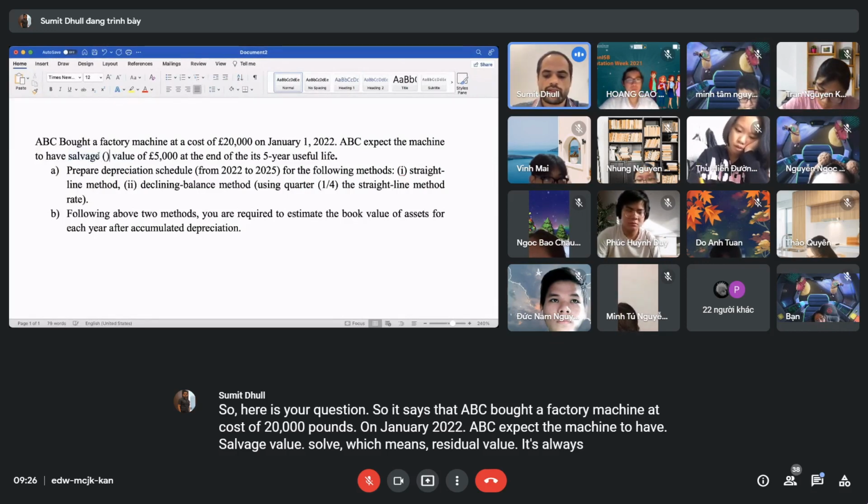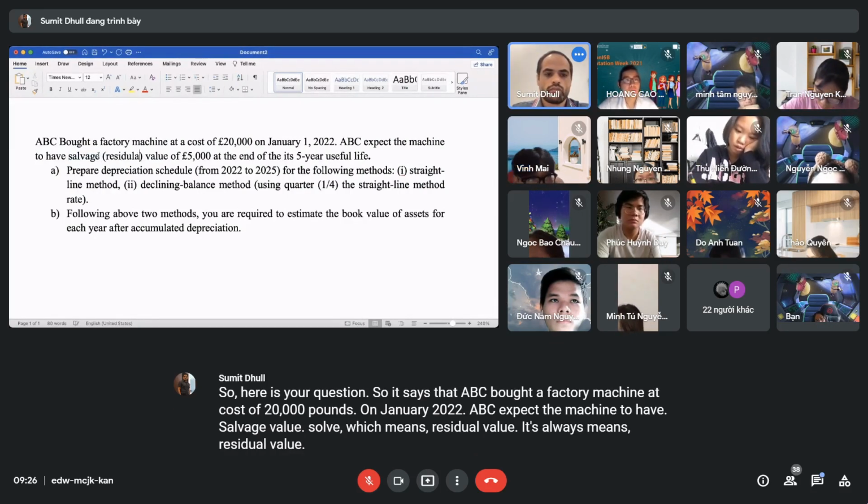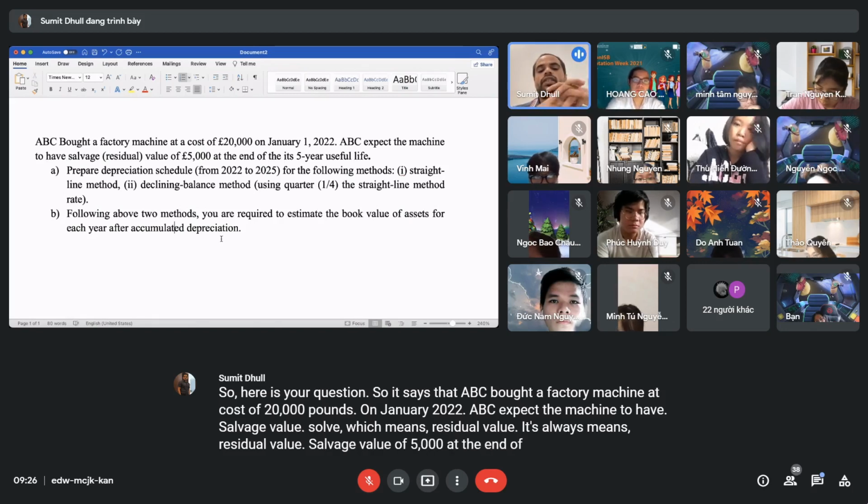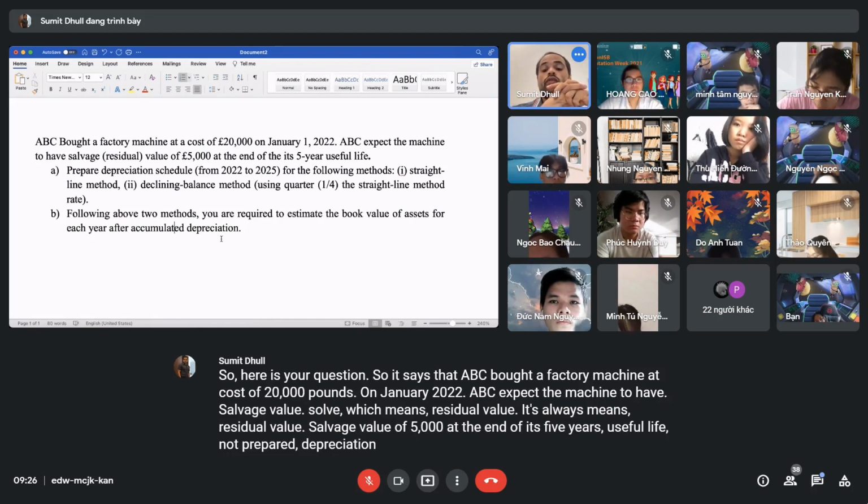Salvage means residual value. The salvage value of 5,000 at the end of its 5 years useful life. Now prepare a depreciation schedule for the following matters.